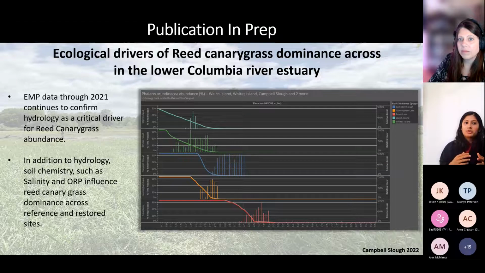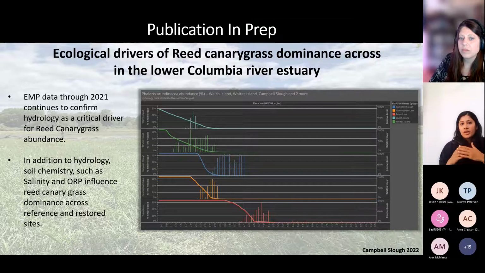We have also been able to show through our EMP data that marsh elevations receiving less than 30% inundation, whether this is through tidally dominated or fluvial sites, is like a threshold for reed canary grass dominance.